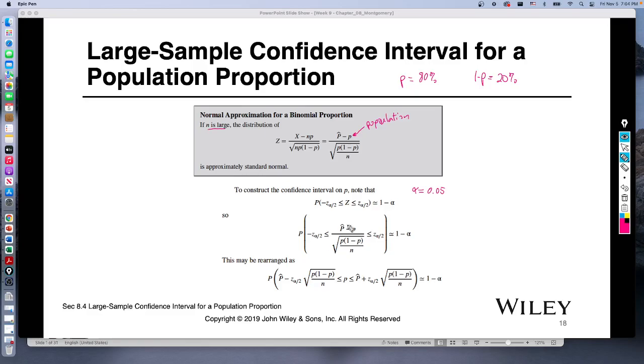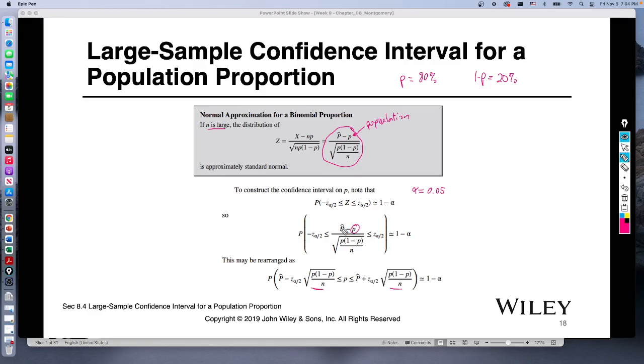And anyway, the math is, since z is equal to this estimate, this part would be in that interval. What we're really trying to find out is a boundary on just the proportion in the population, right? So we do some algebra, multiply everything by the denominator. That brings it up over here and here, so both sides of the inequality.